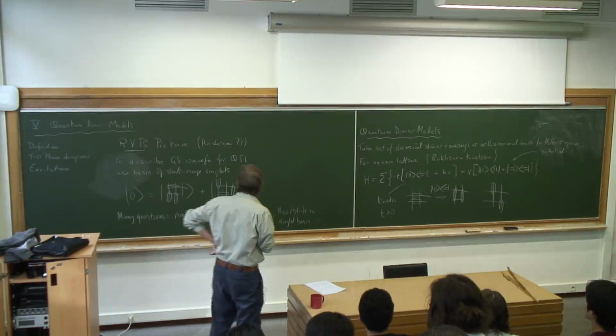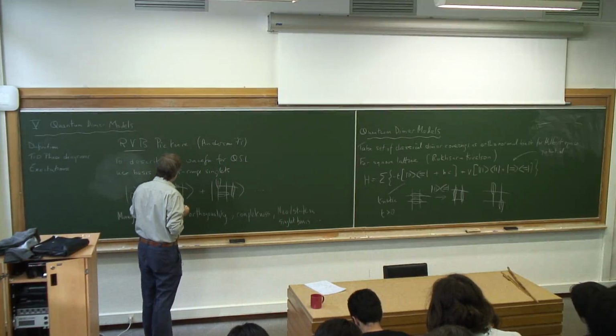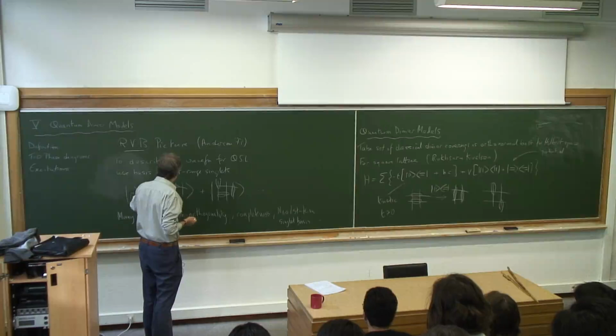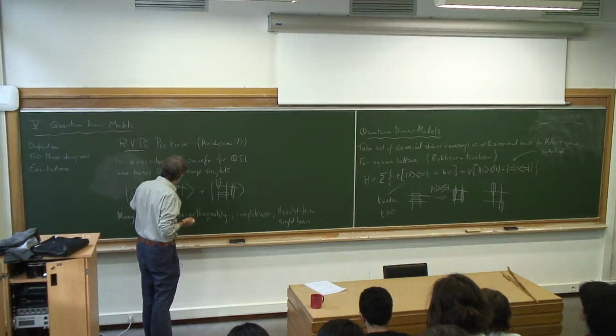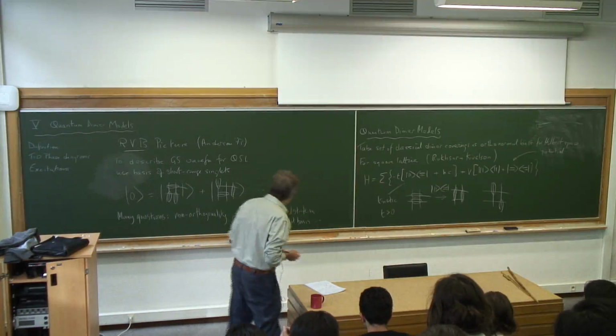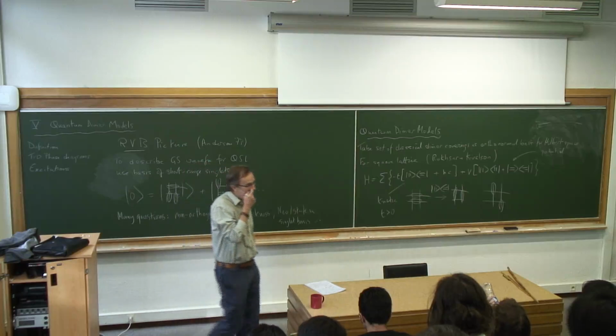So it depends. Originally in the lead-in to the motivation, the idea was that you took a spin model and then you could construct spin singlets across, for instance, nearest neighbor bonds, and that gives you a wave function which is written in terms of spins.